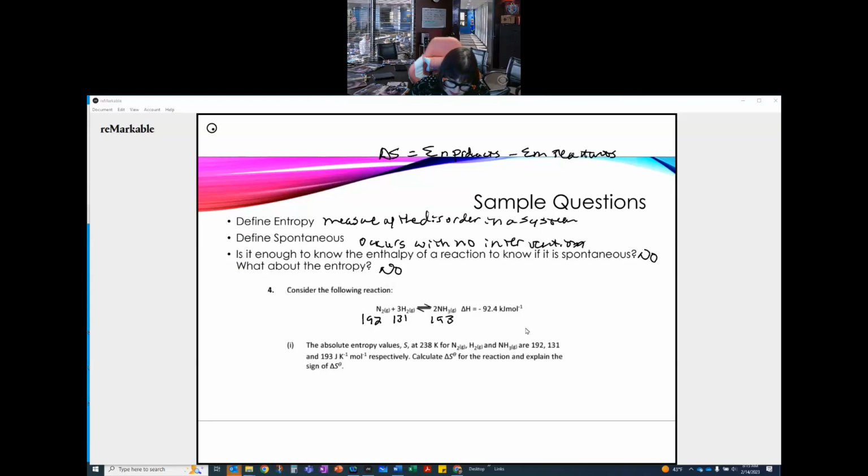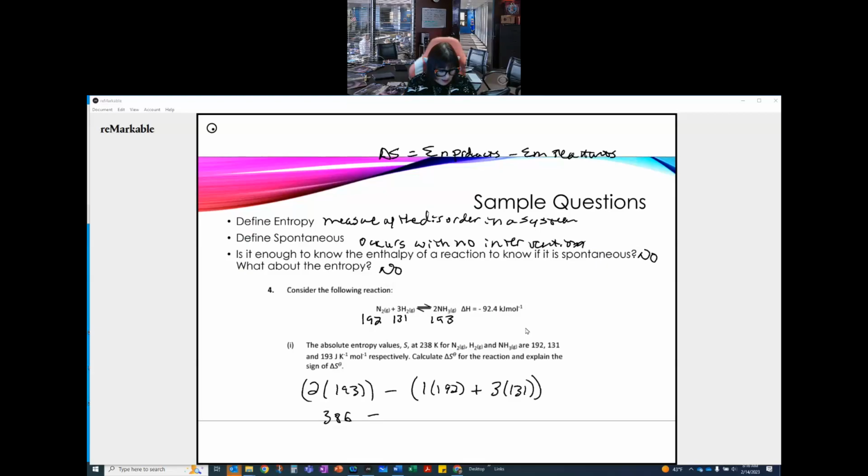So calculate delta S. Well, my products, I have two of them, and that's 193. And then subtract the 192 times 1 plus 3 times the 131. So 2 times 193 gives me 386.